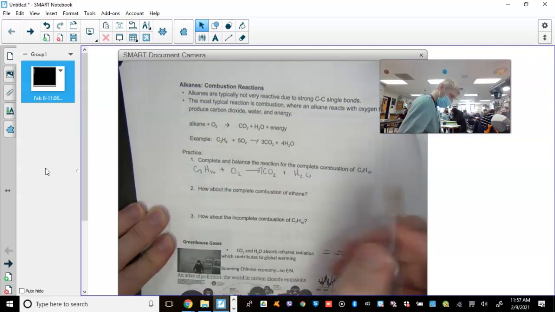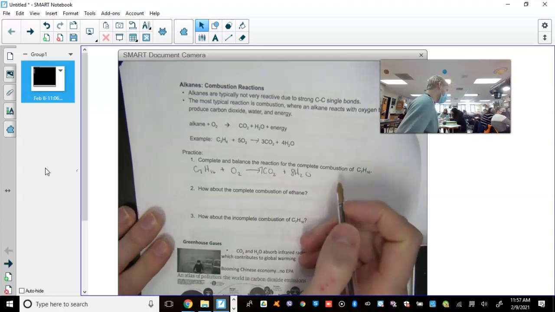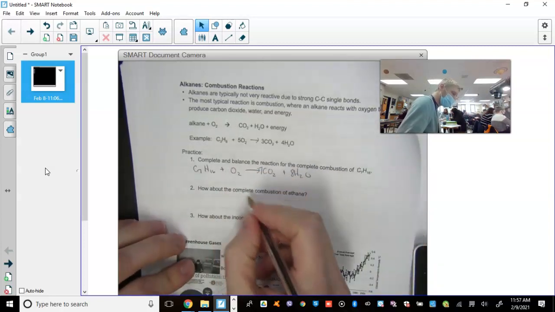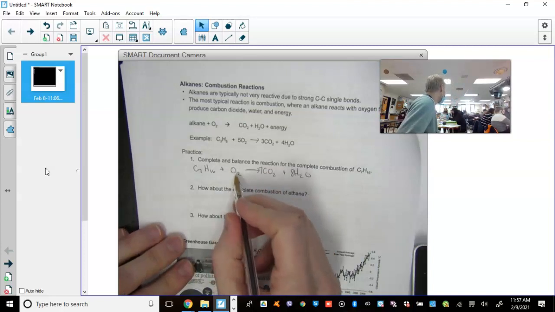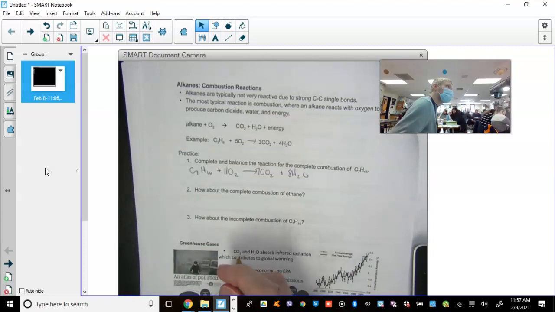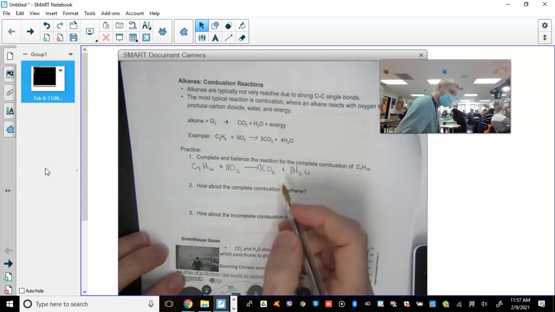I've got 16 hydrogens, so I need an 8. That gives me 14 plus 8, 22. 22 divided by 2 is 11. So there it is. That could pop up on an IB question in May.